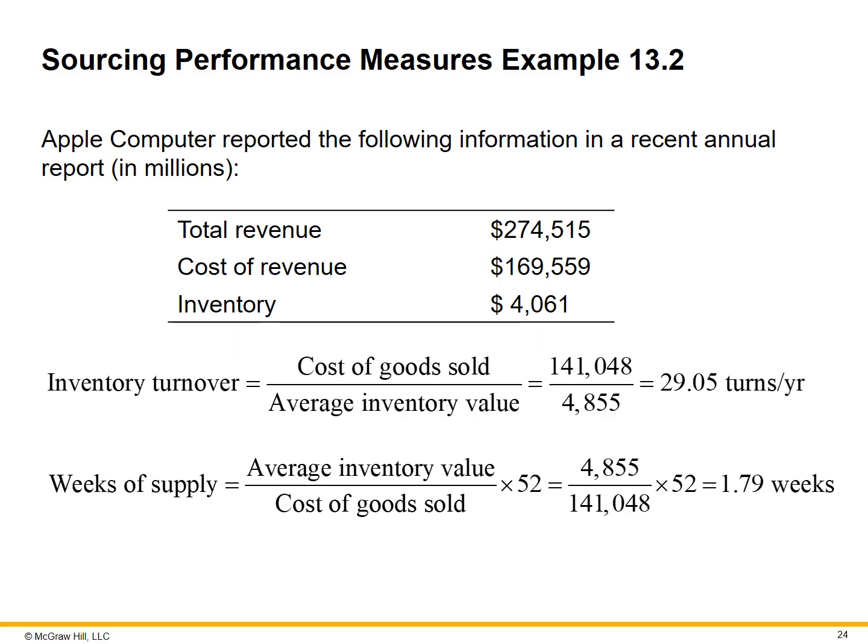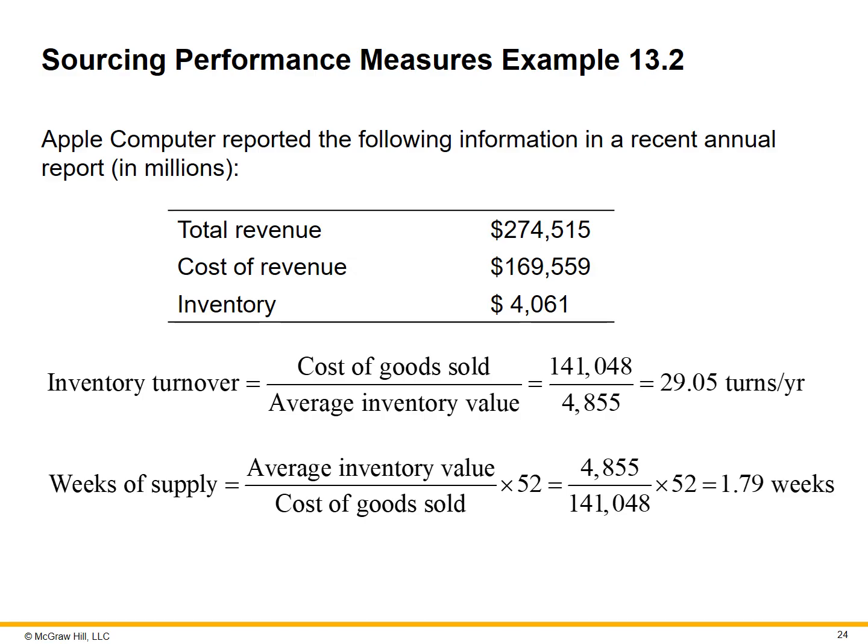Cost of goods sold is 141,048, divided by 4,855. So that becomes 29 turns per year. So with the inventory you have, it will be replaced 29 times to generate the revenue.